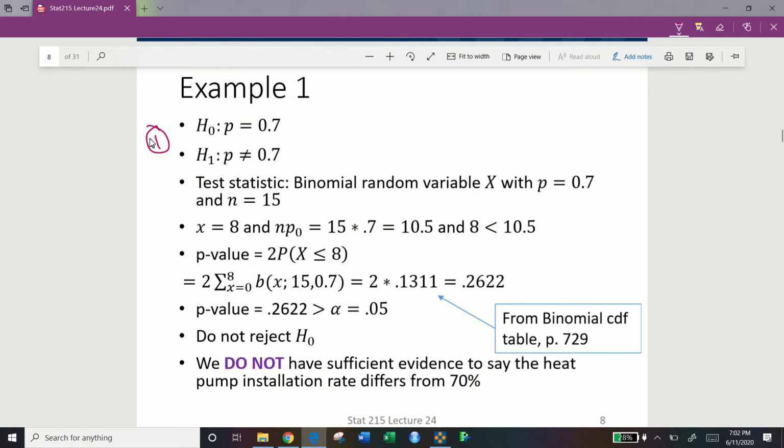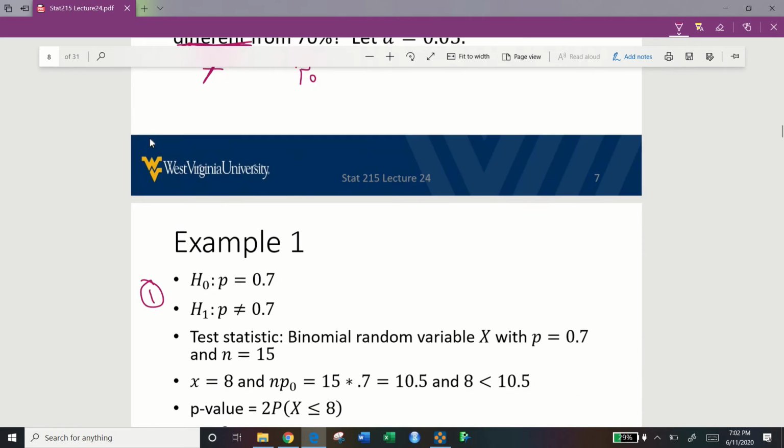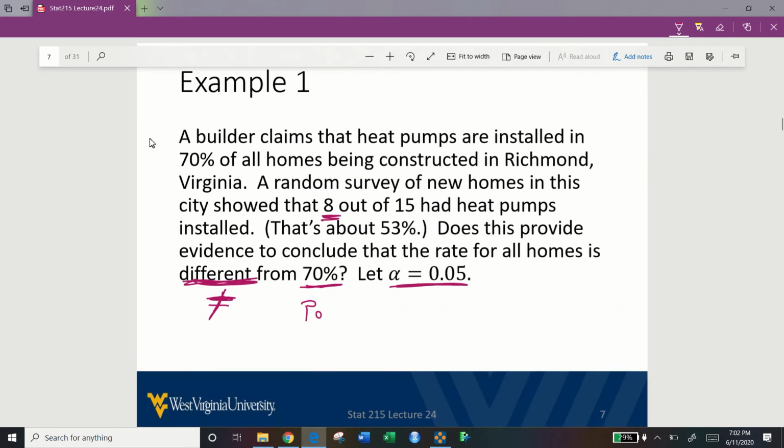Our test statistic will be our binomial random variable x with p equal to 0.7 and n equal to 15. I apologize, I forgot to highlight 15 as our n, and as I stated, 8 was going to be our x.